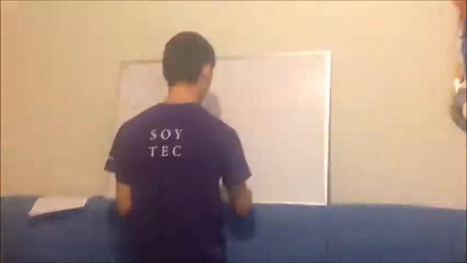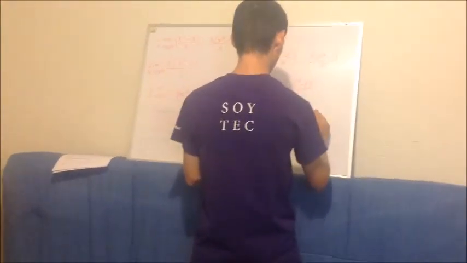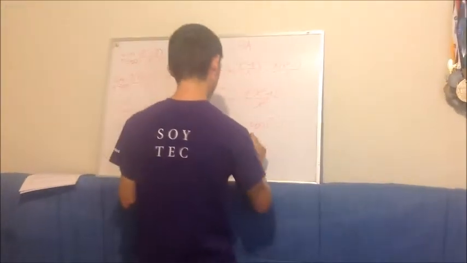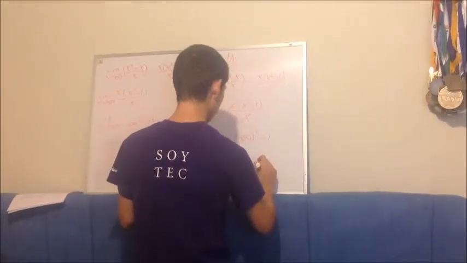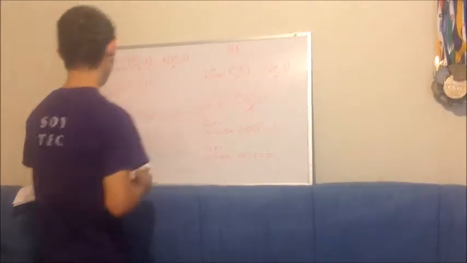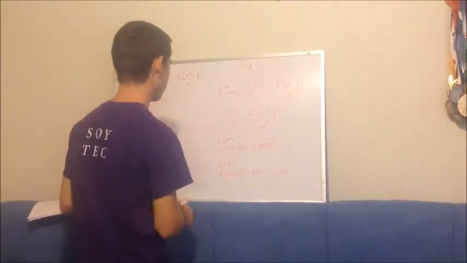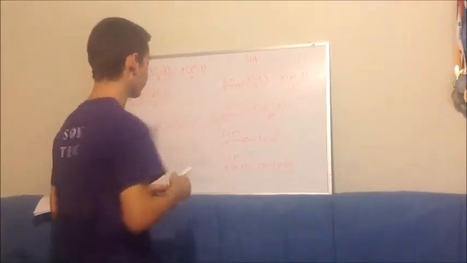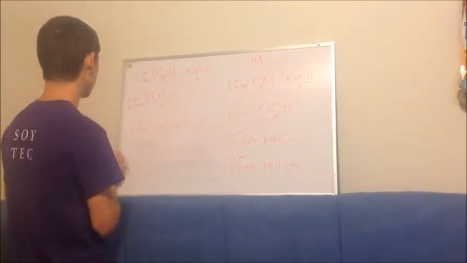Simplify, substitute, and minus infinity squared is infinity, minus 1 is infinity. In this case, when x is approaching infinity, y is approaching infinity, and when x is approaching minus infinity, y is approaching infinity. A horizontal asymptote doesn't exist.